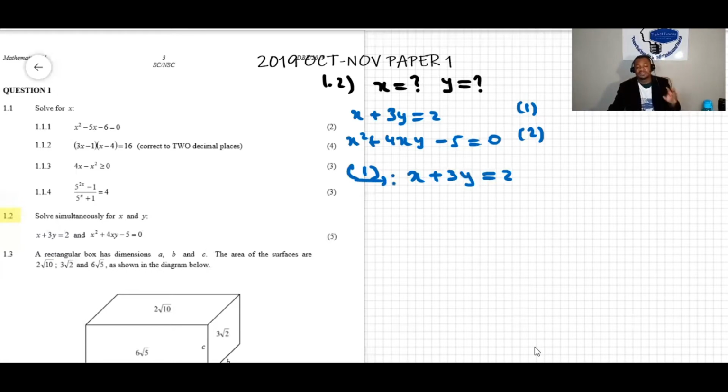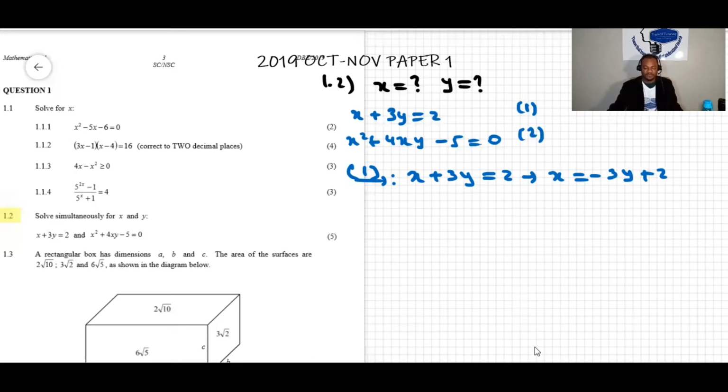I'm not saying that if I solve for y the equation won't be solved, but it's going to be much easier for me, and I think for most people, to make x the subject of the formula. So I keep x on the left and move the negative 3y over. That makes x equal to negative 3y plus 2. This is the new equation 1.